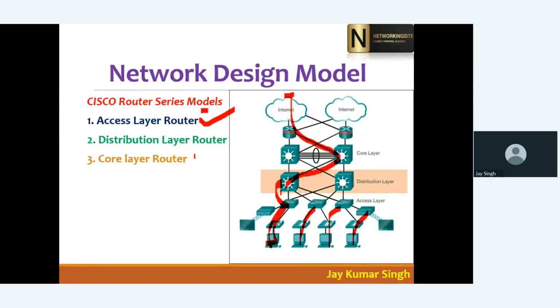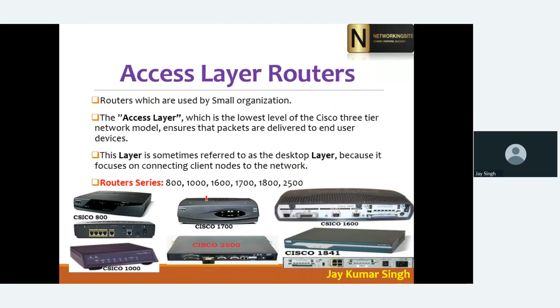And the core layer router is used for faster data sending from one device to another device, but no routing, only data throughput. In detail, the routers used by a small organization are access layer routers.